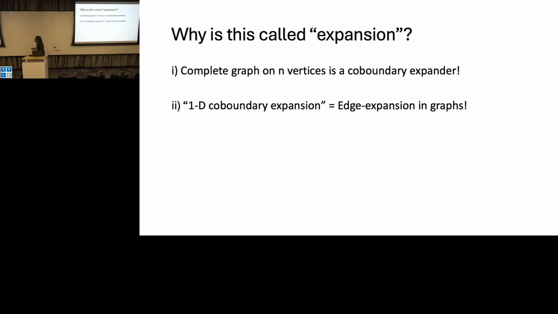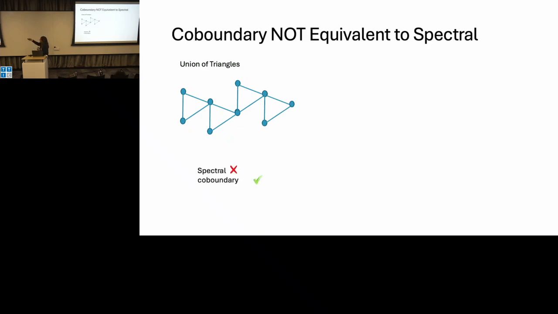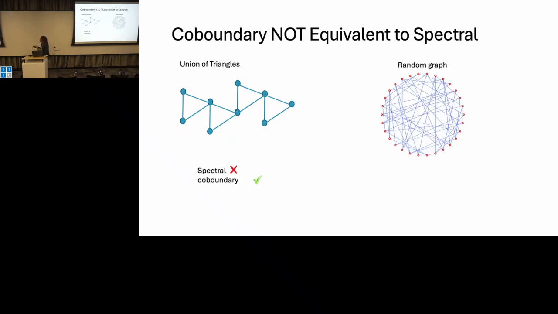And I didn't define this, but some one-dimensional notion actually is equivalent to spectral expansion or edge expansion. Also, the notion I defined is not equivalent to spectral. Like this graph, which is just a union of triangles, is going to be a coboundary expander because it only consists of triangles, but it won't be spectral, whereas a random graph will be spectral but not coboundary. It won't even have triangles.